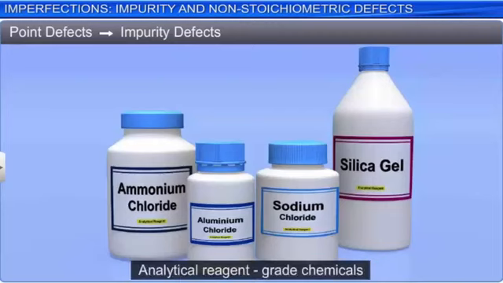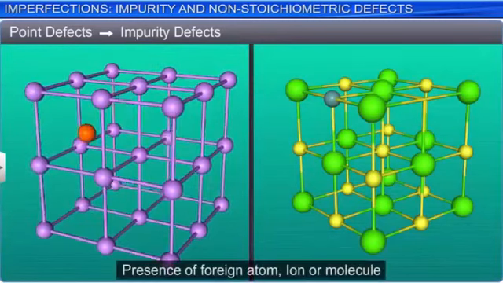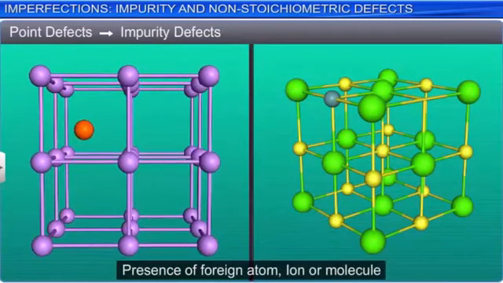Yet, few of them are more than 99.9% pure. This means that a foreign atom, ion, or molecule is present in the crystal. In such a case, we can say that the crystal has an impurity defect.